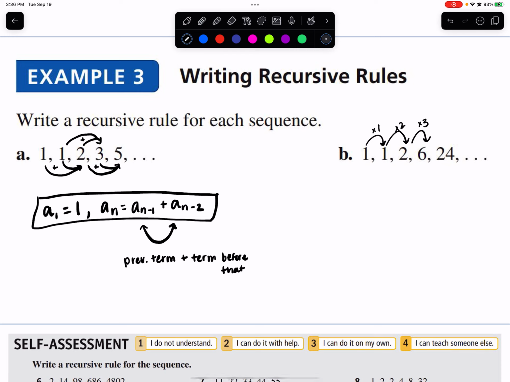And then multiplying by 3. And then multiplying by 4. So I have A sub 1 equals 1. And then A sub n equals, what I'm doing is I'm taking my previous term, A sub n minus 1, and I'm multiplying it by the position that it's in. So times n minus 1.